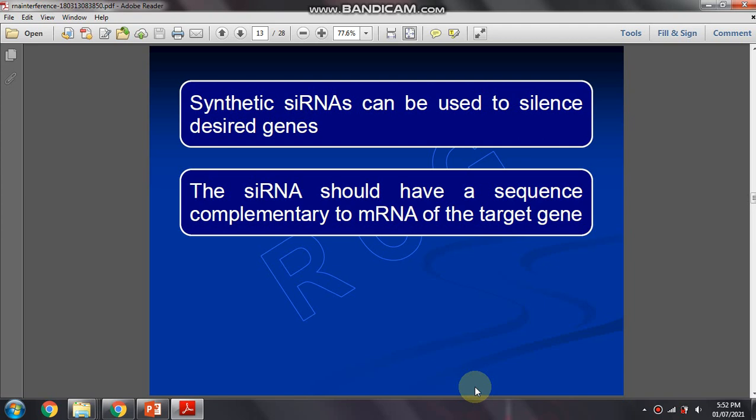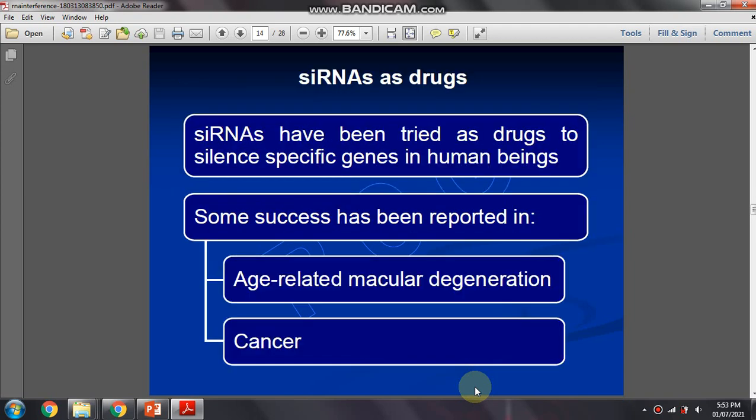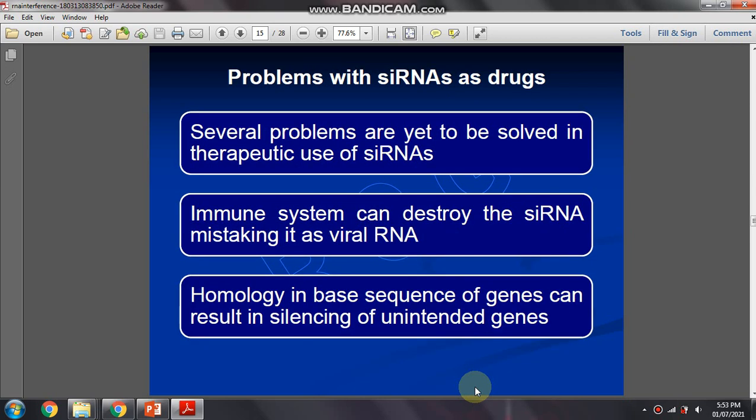The siRNA should have a sequence complementary to the mRNA of the target gene. siRNAs have been tried as drugs to silence specific genes in human beings. Some success has been reported in age-related macular degeneration and cancer therapies.